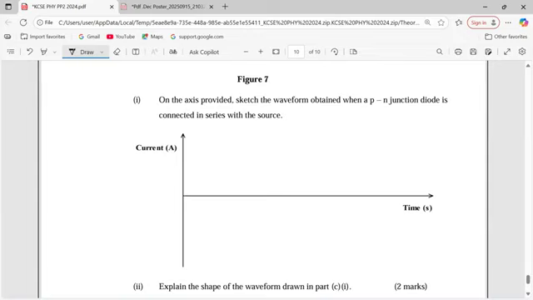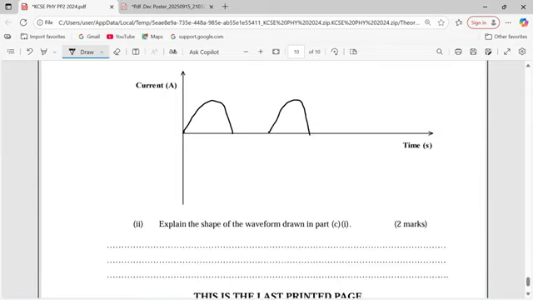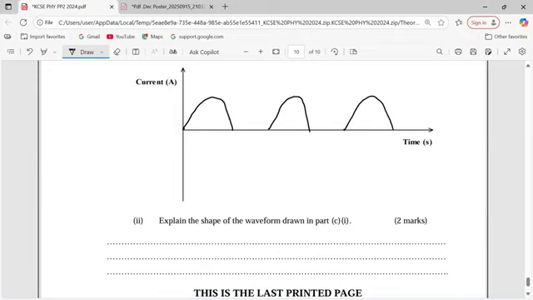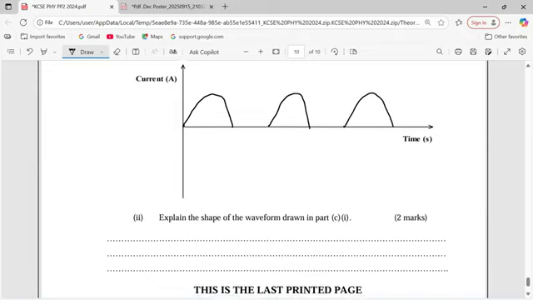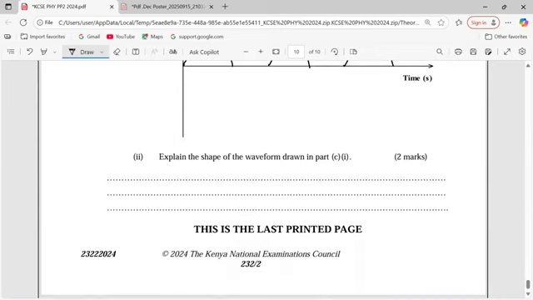We say that the work of a PN junction diode is to smoothen circuits. Therefore, this is what you'll be able to see. Then you are told to explain the shape.